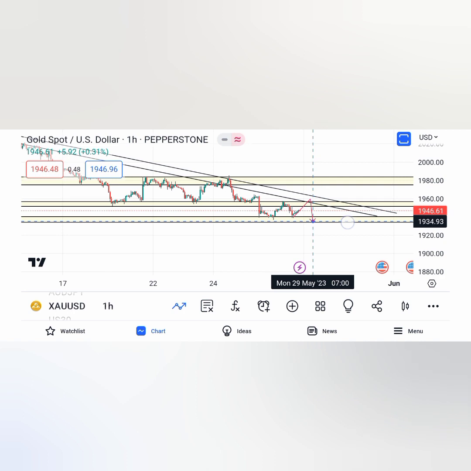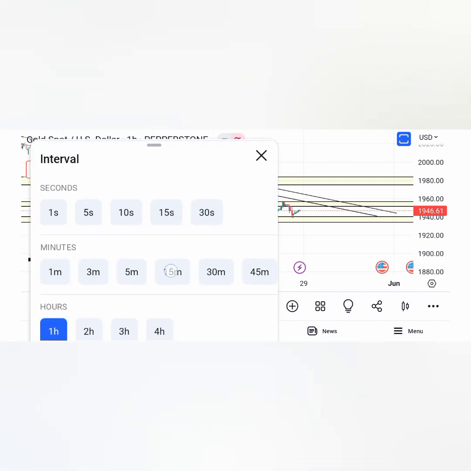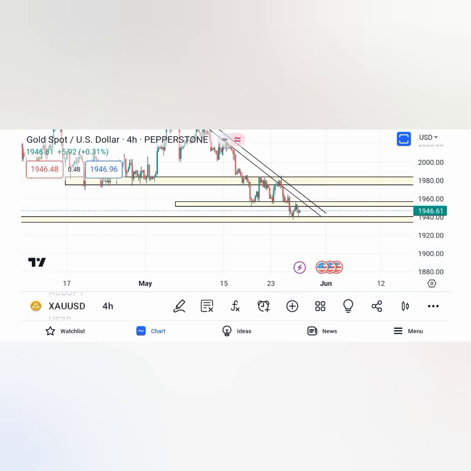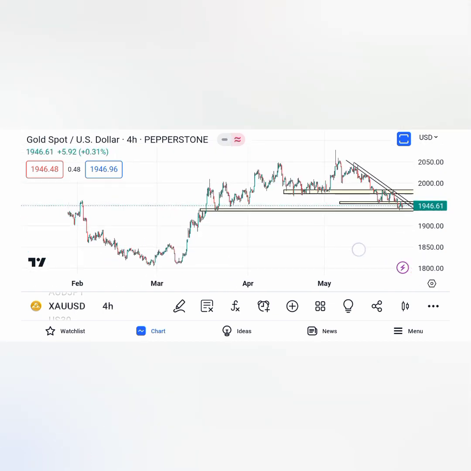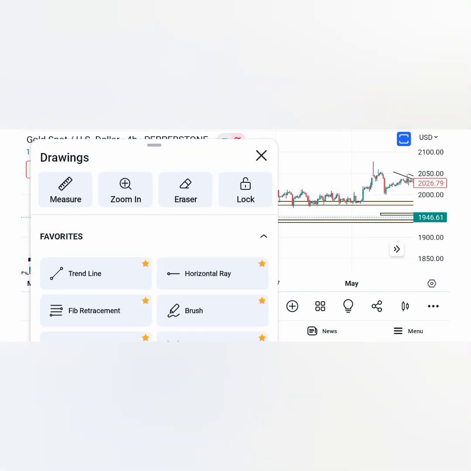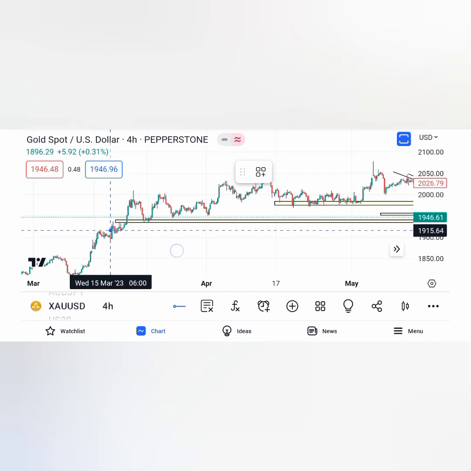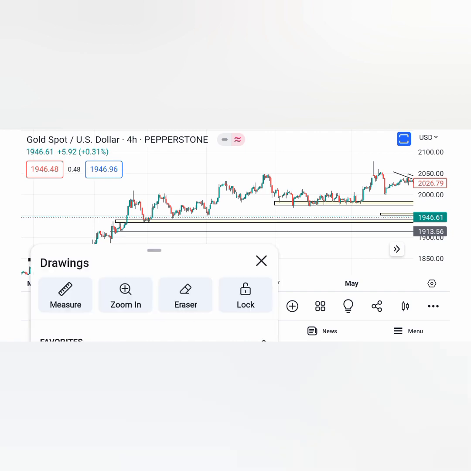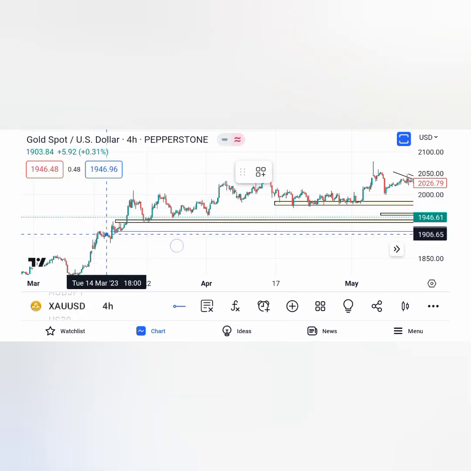Now if gold breaks this particular zone here and continues downwards, my next target will be this point. So let's move to the 4-hour time frame. My next target will be here, this very zone here.